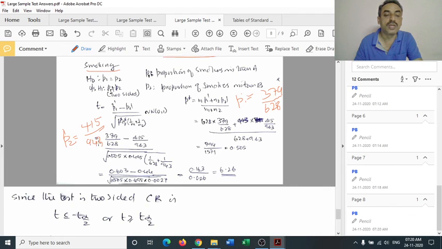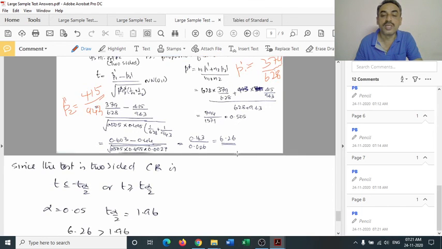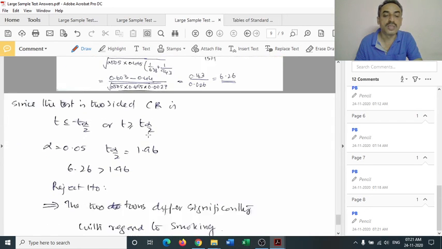Substituting all this, we get P star as 0.505. Q star is 1 minus P star. Substitute all these things here, and we get the value of t as 6.26.